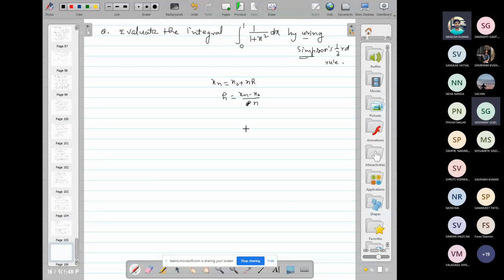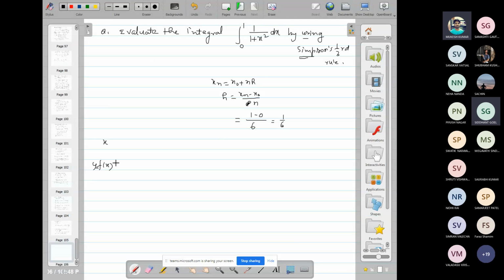If we consider n equal to 6, then xn minus x0 is 1 minus 0, so the interval of difference becomes 1 by 6. First find the table of x and f(x), which is y.